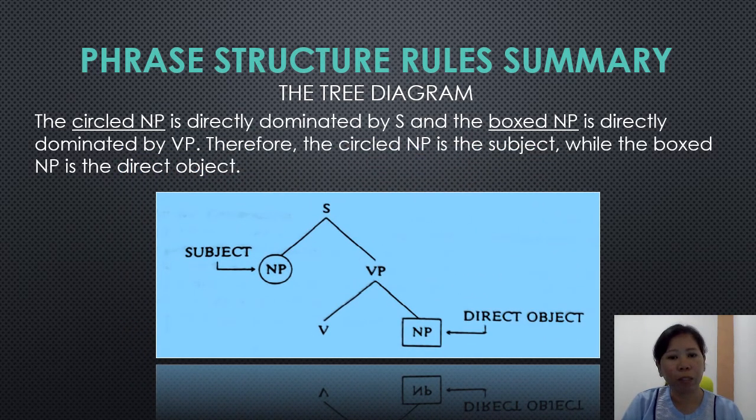So in a particular sentence, we said that the subject is the noun directly dominated by the noun phrase in a sentence, and the direct object is directly dominated by the verb phrase.